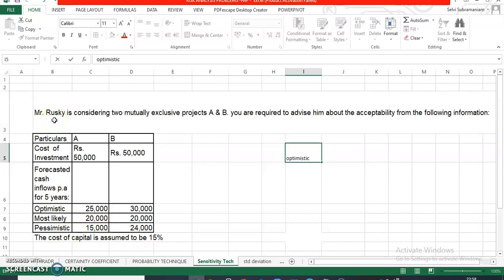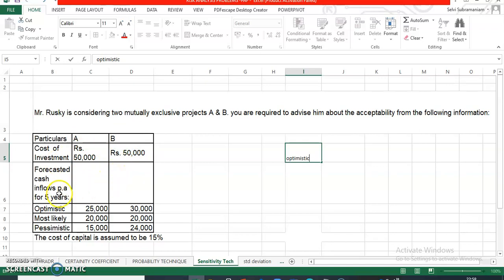I've taken up this problem. Mr. Rusky is considering two mutually exclusive projects, A and B. You're expected to advise him about the acceptability from the following information. The cost of investment A is 50,000, and the cost of investment B is 50,000.